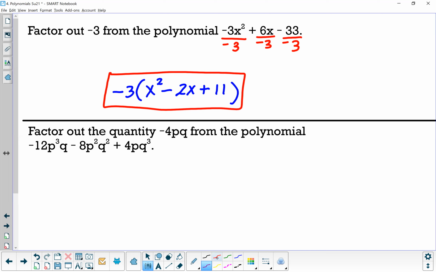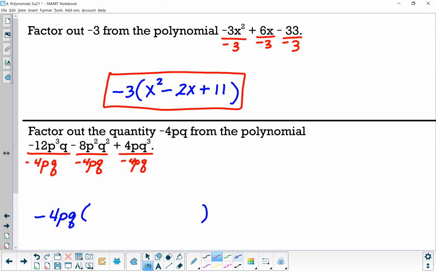All right, so I'm going to start with writing the -4p as our first factor. And then I'm going to divide each of these terms by the -4p to get the second factor.